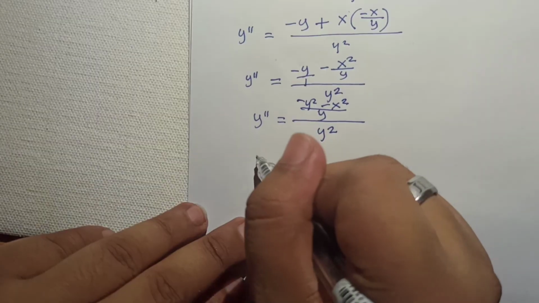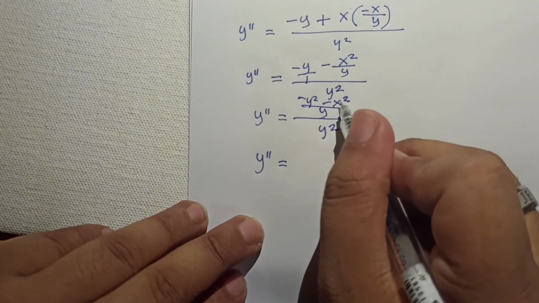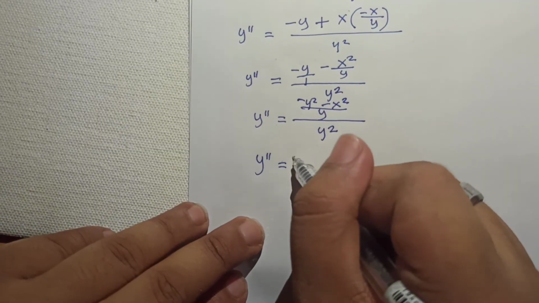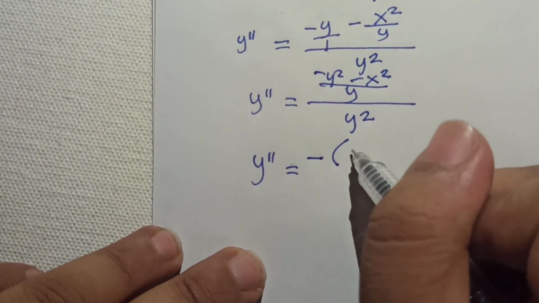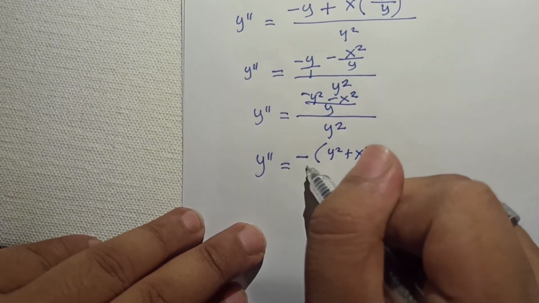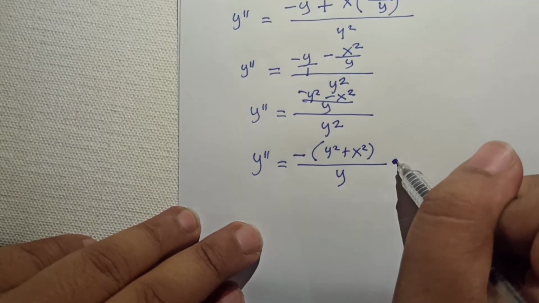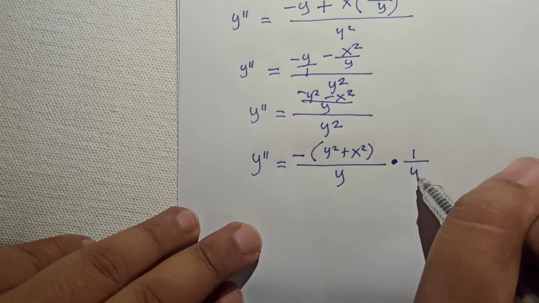So we'll rewrite here y double prime is equal to, we could refactor this one, this will become negative y squared plus x squared over y, and take the reciprocal of this one, 1 over y squared.